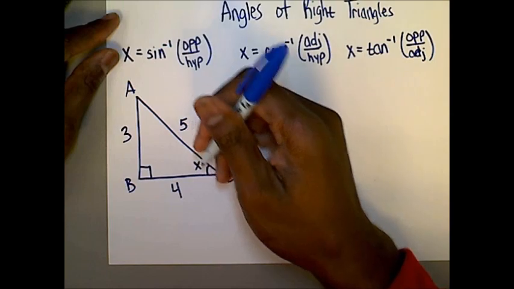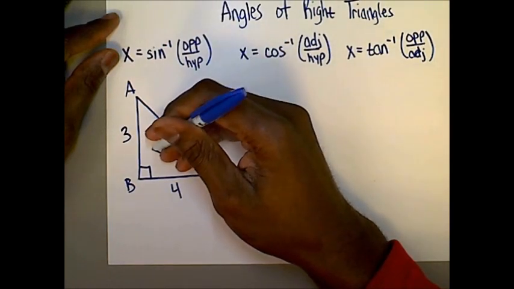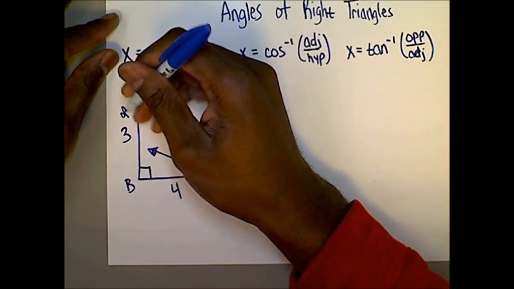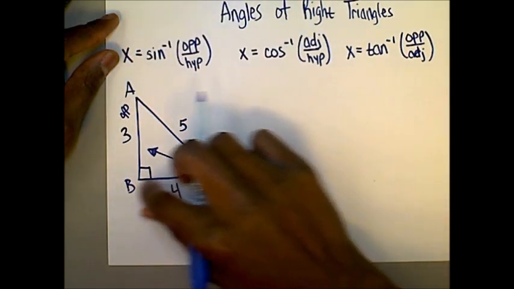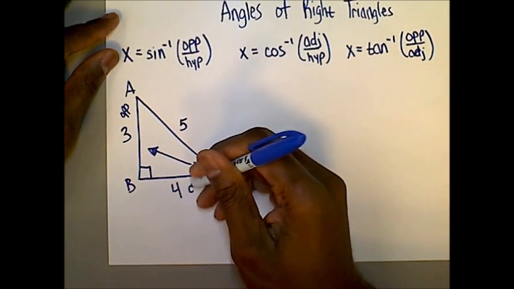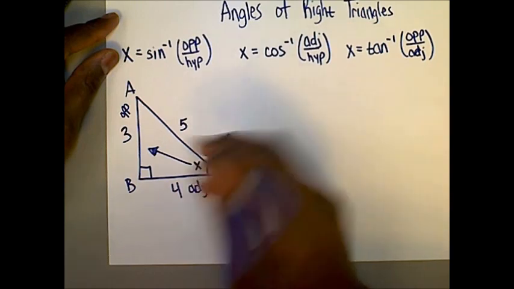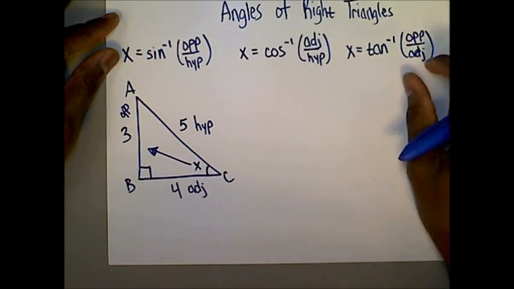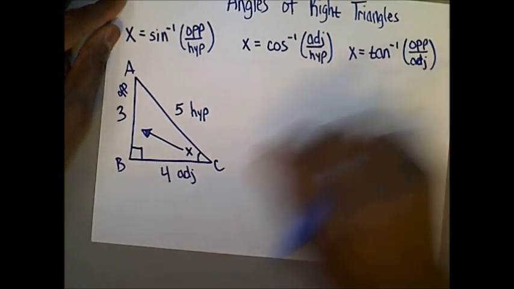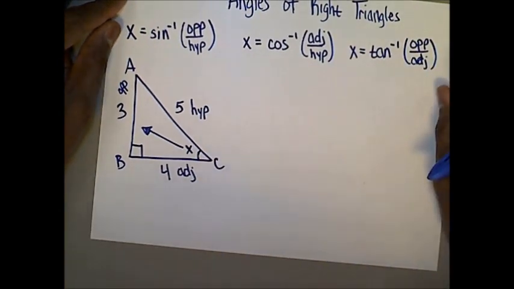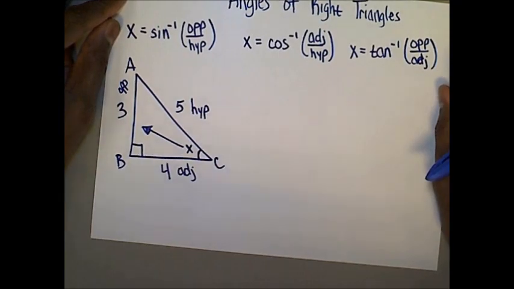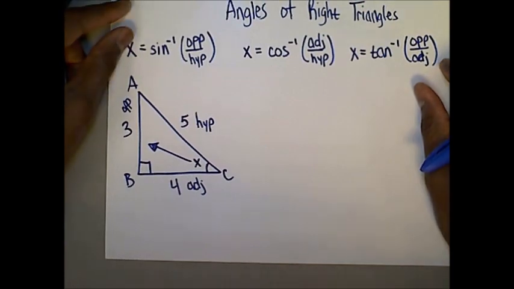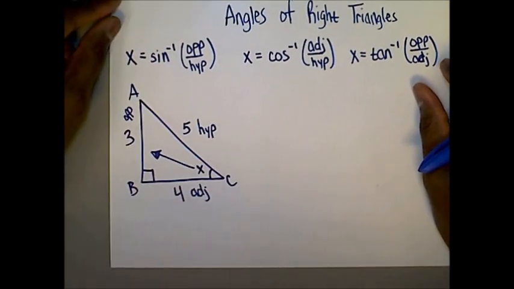Alright, so since this is the angle that I'm working with, I draw my arrow to my opposite side. Then the angle directly next to it is my adjacent side. And my hypotenuse never changes. So, if I want to know what this angle is, technically speaking, I can use any one of these trig ratios because I know what all the values are.